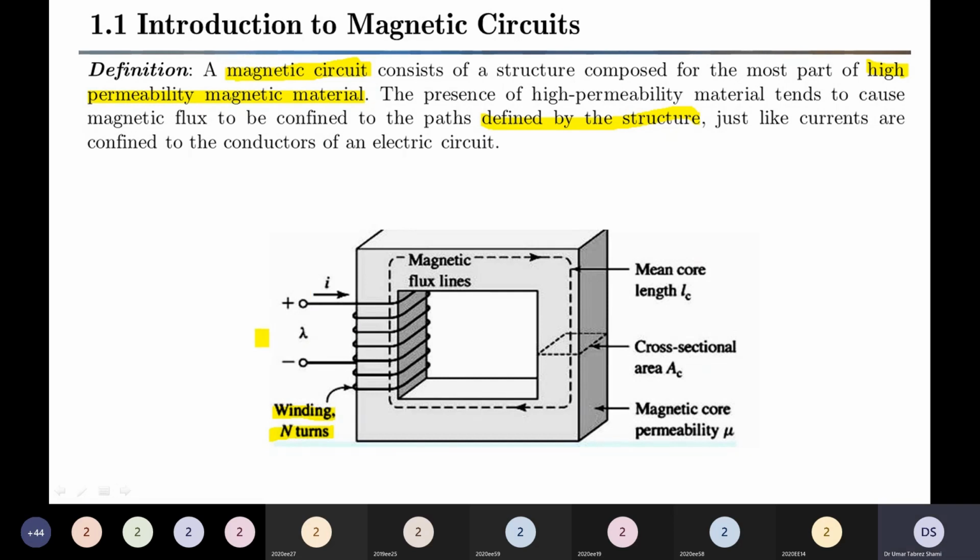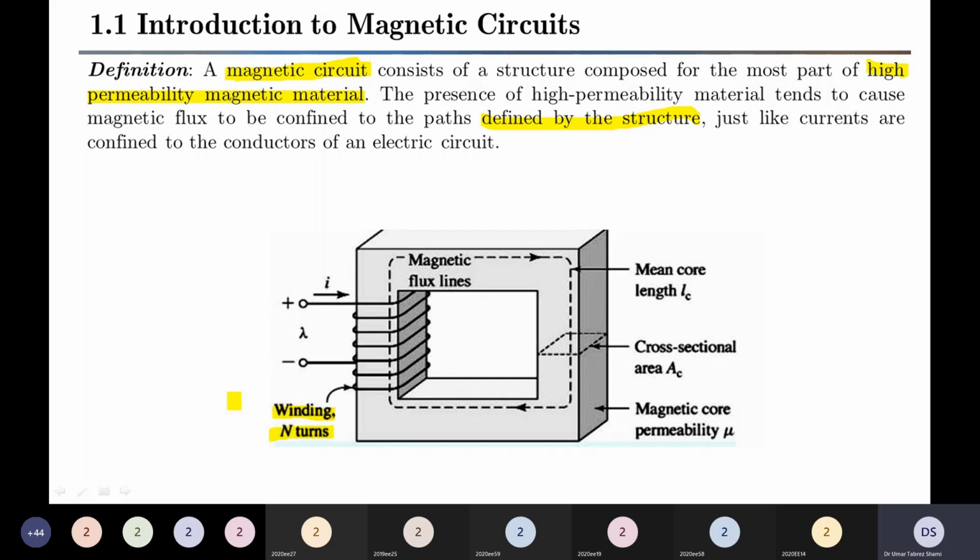In this diagram, we have n number of turns through which current I is passing, and as a result, we get N times I, which gives the magnetic field intensity H. It produces the flux according to the permeability of the material.